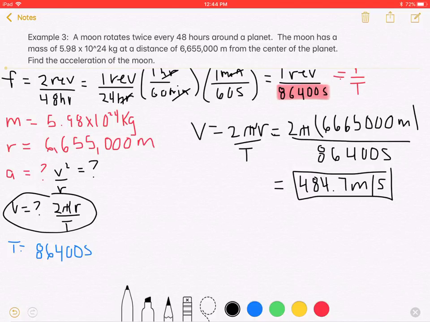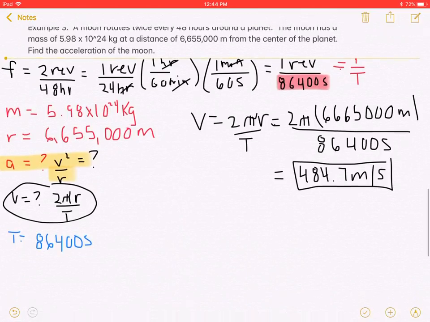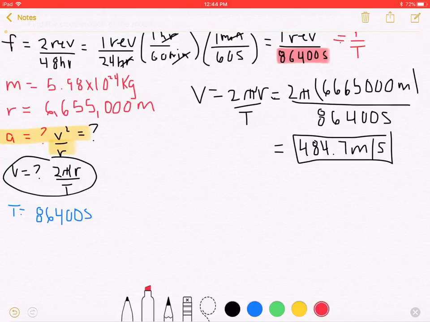Okay, so now that we have our velocity, we can go back and solve for our acceleration, because we know it's equal to v squared over r. So let's go ahead and do that. Our acceleration is equal to v squared over r.